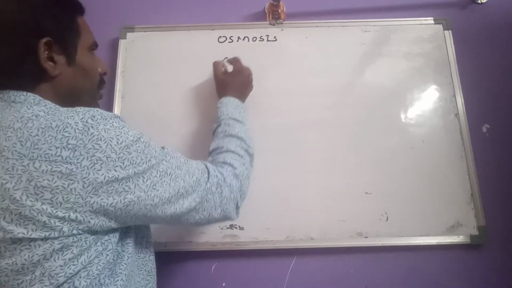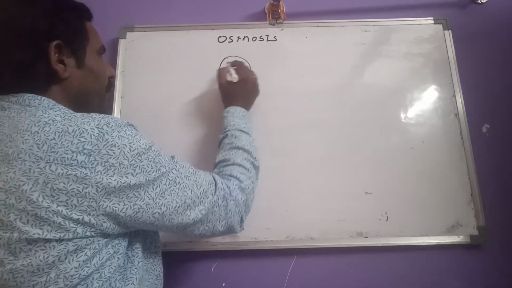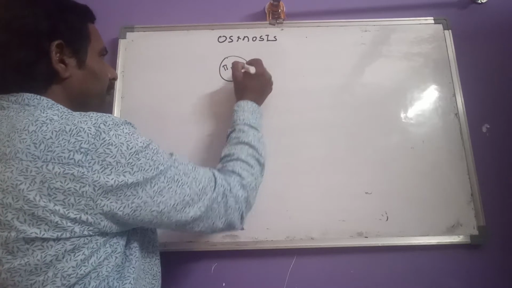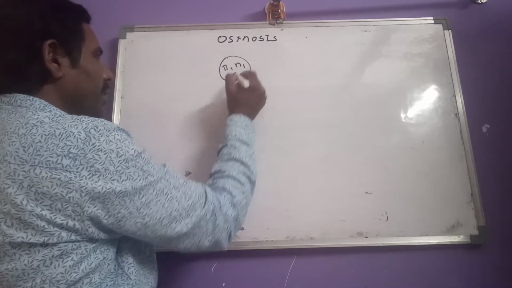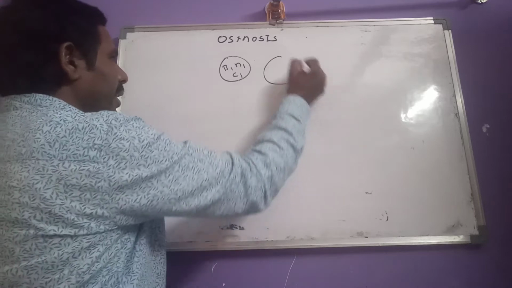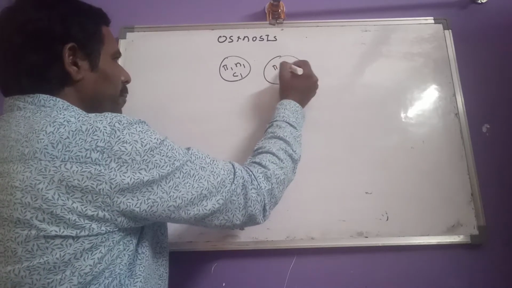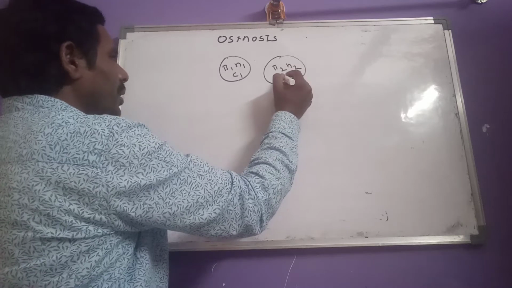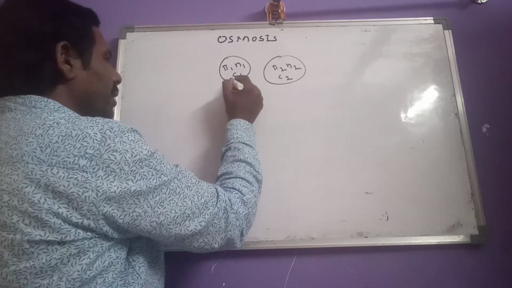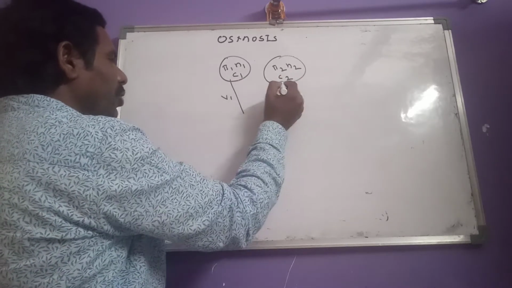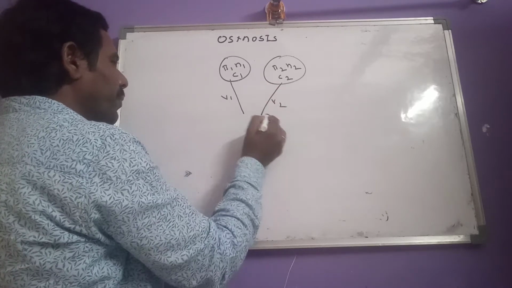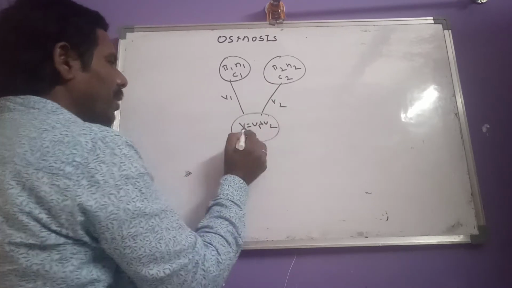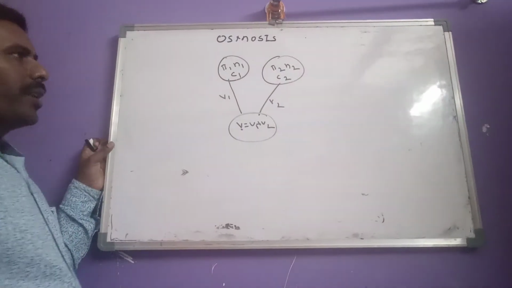For example, consider this is the first solution, osmotic pressure pi 1, number of moles n1, concentration C1, and here another solution, osmotic pressure pi 2, number of moles n2 and C2 concentration. This is V1 volume, this is V2 volume. If these two are mixed, the resultant volume is considered as V.